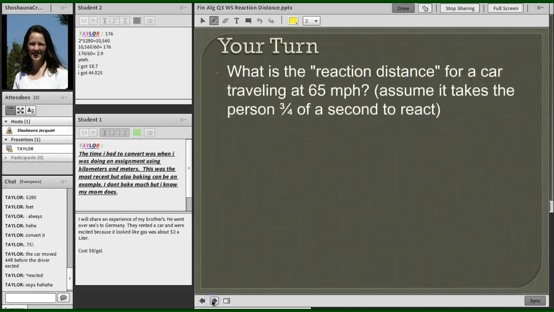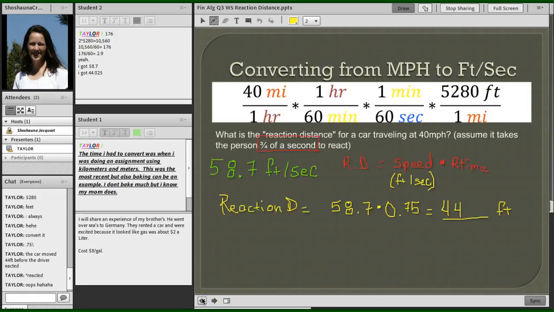Anyway. Okay, so what I want you to do is try it. Your turn. I'm going to give you a minute, 2 minutes, whatever it takes. I want you to find the reaction distance. Oh, you know what I'm going to do? Okay, back up. Please don't go away.